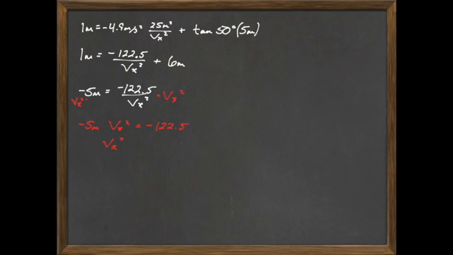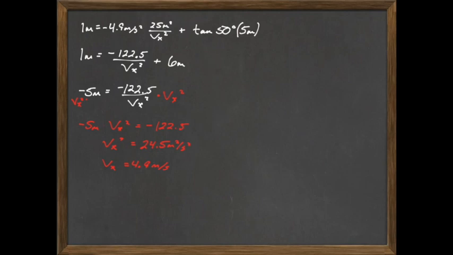Now we'll divide off the negative 5, which gives us 24.5. So our x velocity, Vx, is 4.9 meters per second.